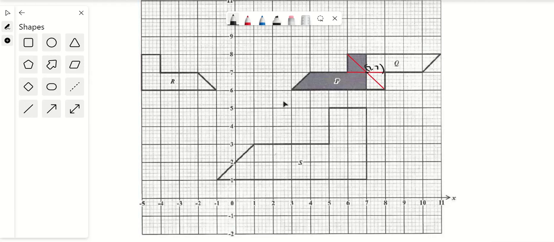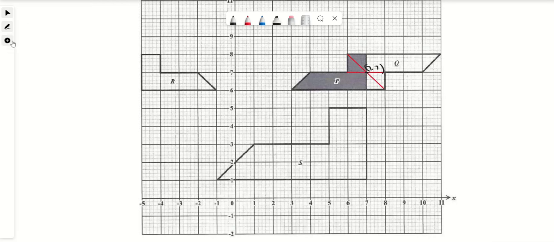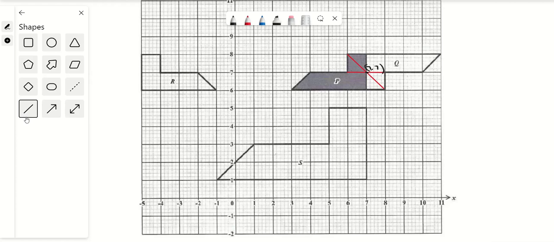Also, if we connect this point here, going through your center and going to the next side here, then, hold on, let me fix this a little better.